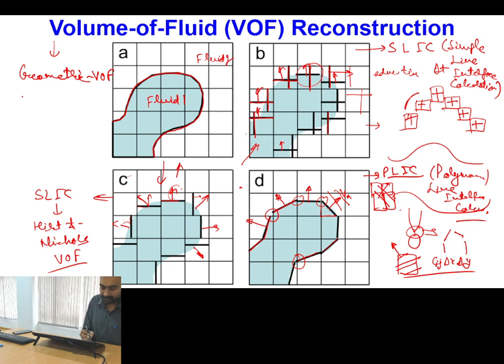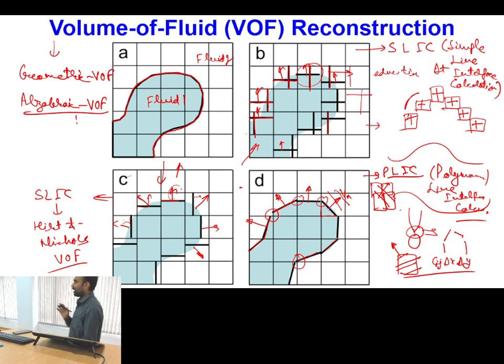Likewise, there is another parallel version which is called algebraic VOF. Till now, whatever we have discussed is about the geometric representation of the interfaces and advection using geometric representations. This type of method, which captures the interface on the grid itself, is called a front capturing method.